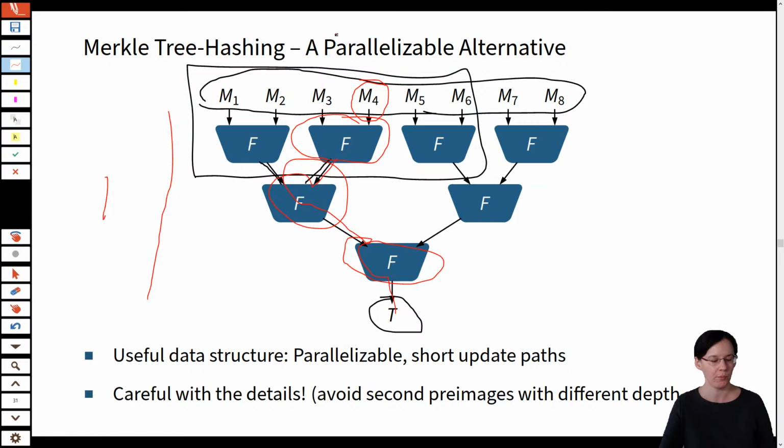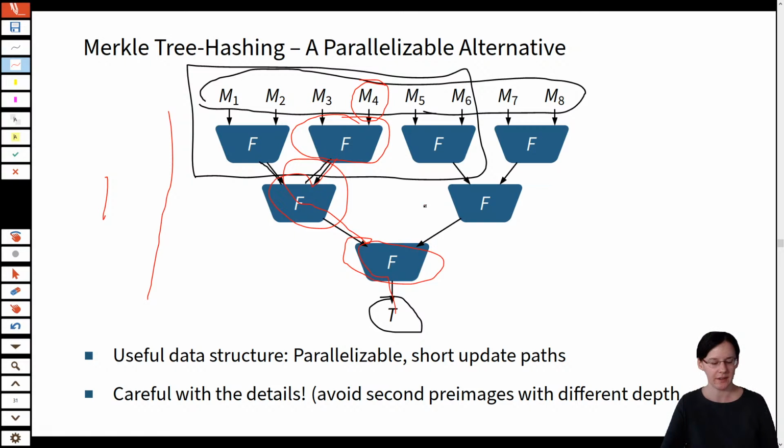So for example, with a depth of 3, I can hash up to 2 to the power of 3, which is 8 message blocks. And so to update one of these message blocks, I only need to recompute a total of 3 compression function calls in order to update the hash value.